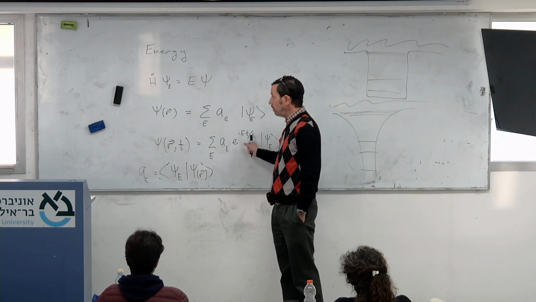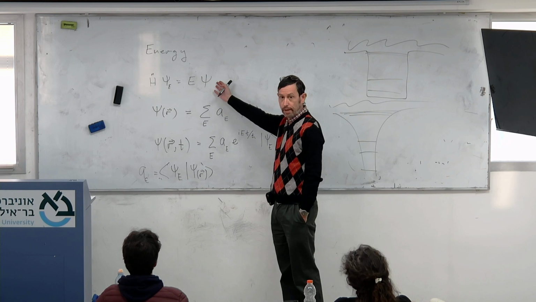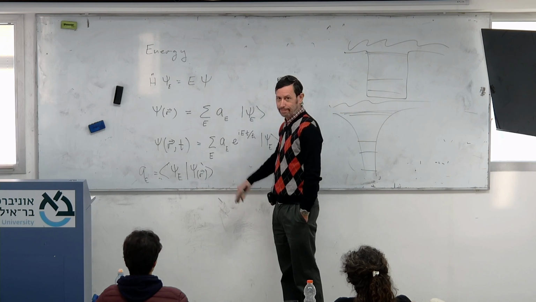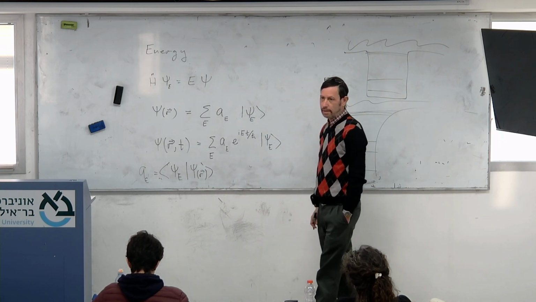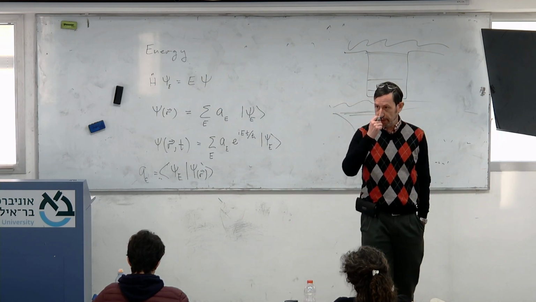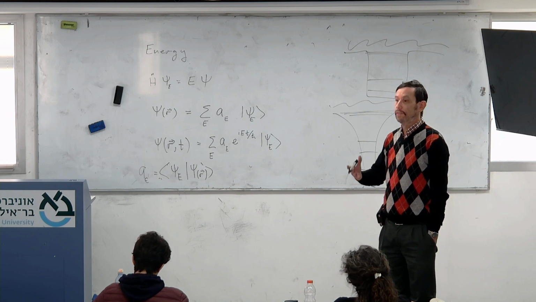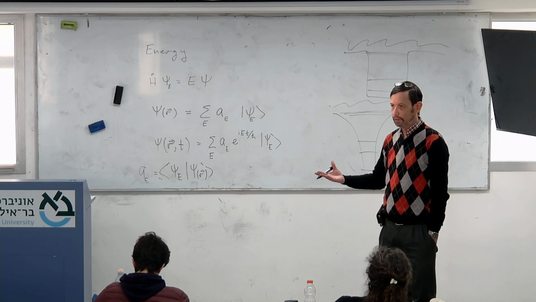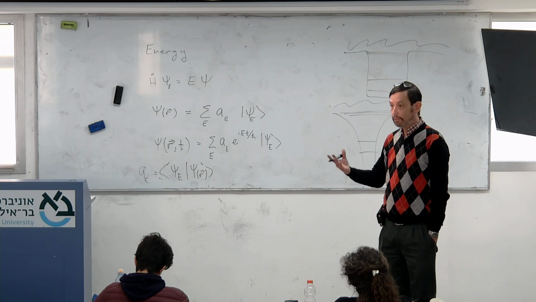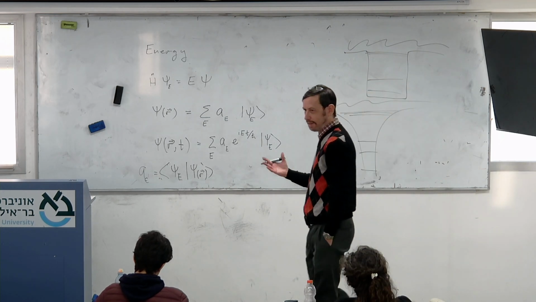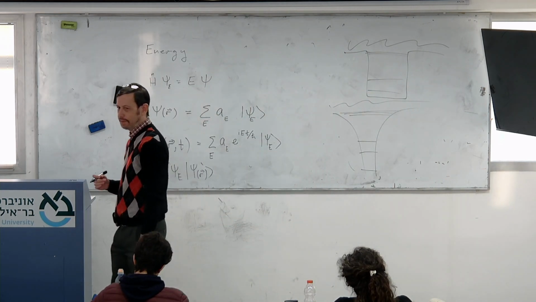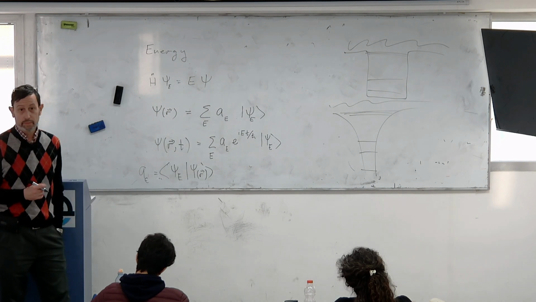But to do it, you have to find the eigenvalues and eigenvectors of the Schrödinger equation. So that's why half of the time you spend in quantum mechanics is on solving the Schrödinger equation. What does it mean? Finding the eigenvalues and eigenvectors of the energy of the electron.